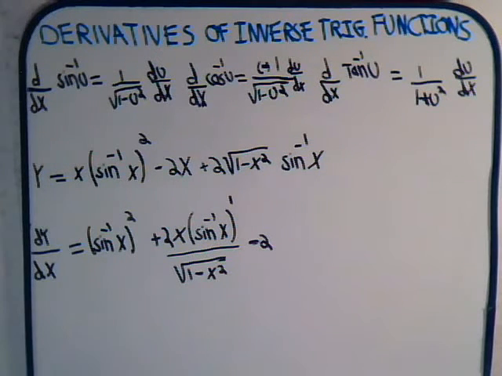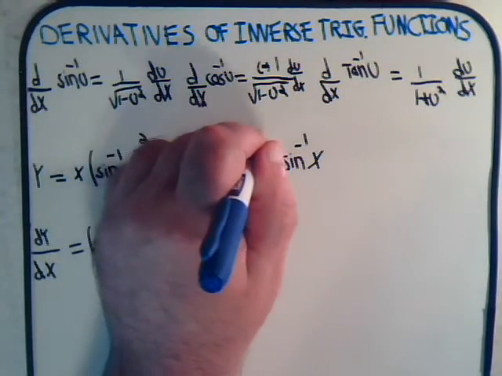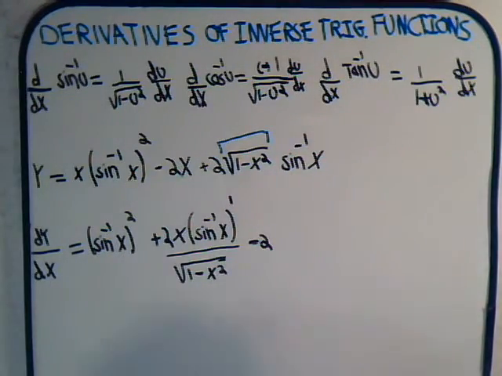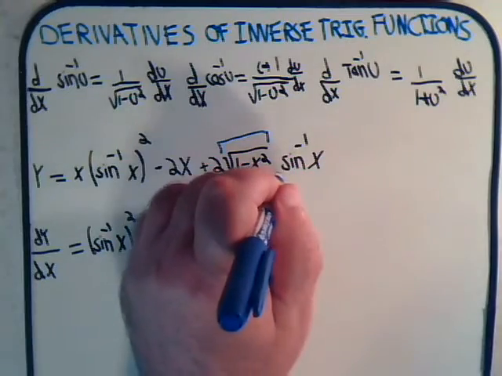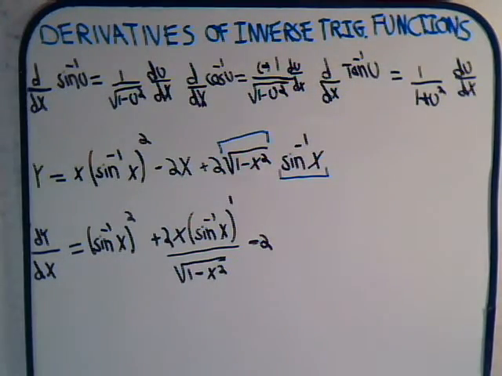And then here we'll have, now let's look at this. First, we can take the derivative of this, leaving this the same. Then afterwards, we leave this the same, and then we take the derivative of this.